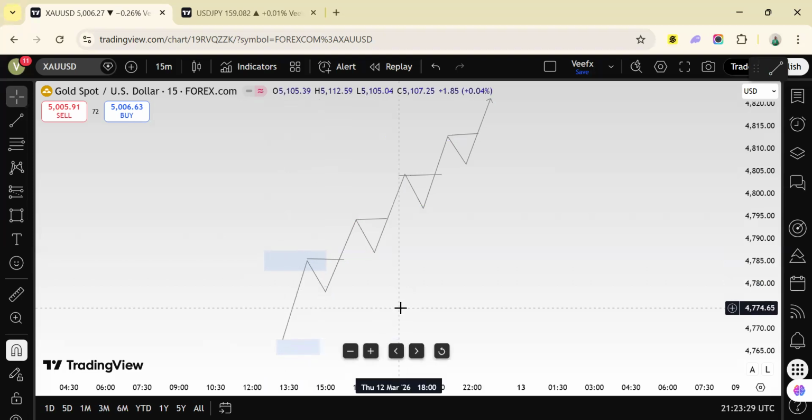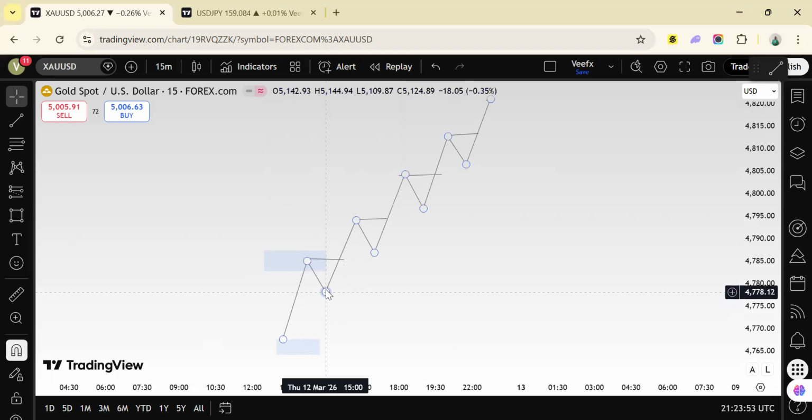Now, there's what we call a breaker block in trading, and a breaker block is a failed order block. When price is at an order block, it is meant to respect the order block, because it is an institutional area that's meant to push price in the opposite direction.